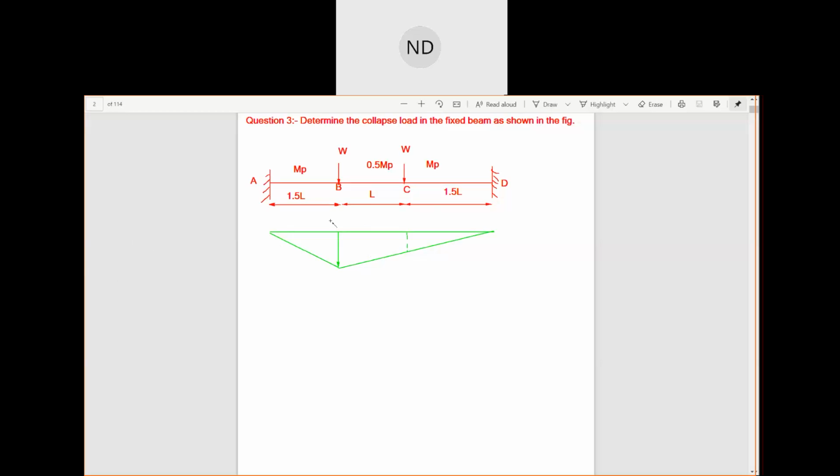We have the point load here, another point load here. This we can consider it to be, it was how much? It was W at the point B. So we can take it to be WB and this to be WC, right?